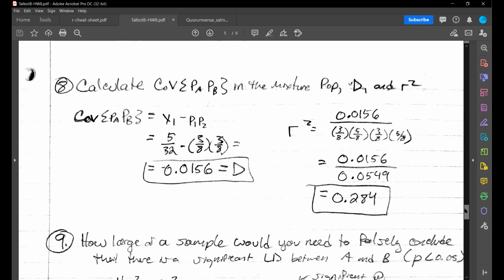Last week, you will remember that we thought about the A locus and the B locus as if they were Bernoulli random variables. And we made big A equal to 1, or the A1 allele equal to 1, and the A2 allele equal to 0, and the B1 allele equal to 1, and the B2 allele equal to 0, or big B equal to 1 and little b equal to 0. And we calculated what D was, which was the frequency of A1, B1 gametes minus the frequency of A1 times B1.